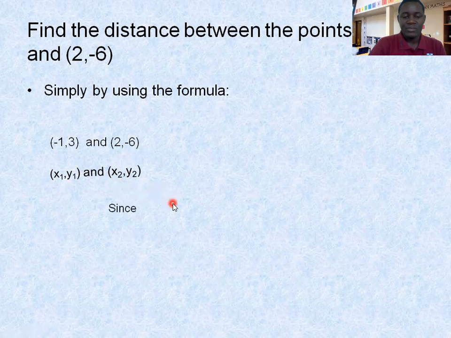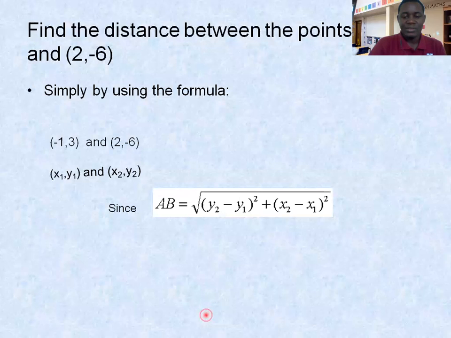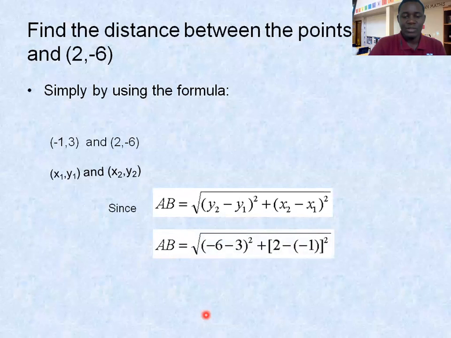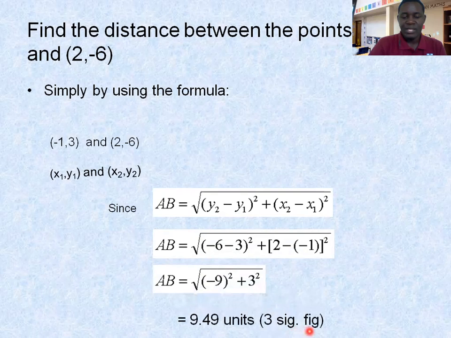So I recall my formula, and the next step is just to input into the formula. We have (minus 6 minus 3) all squared plus (2 minus minus 1) all squared under the square root. The result is 9.49 units to 3 significant figures.